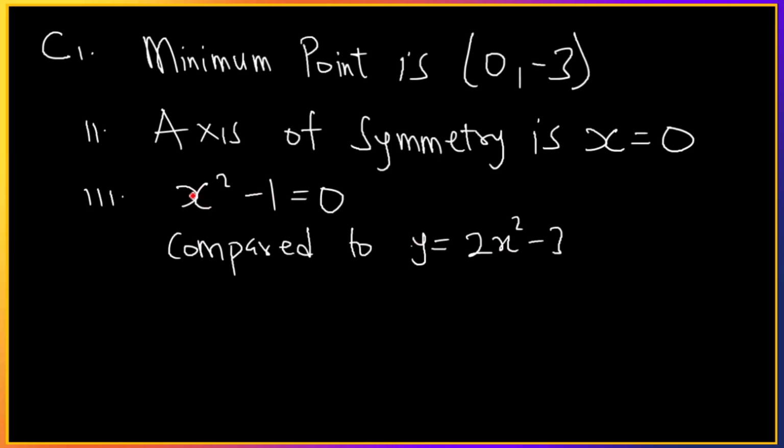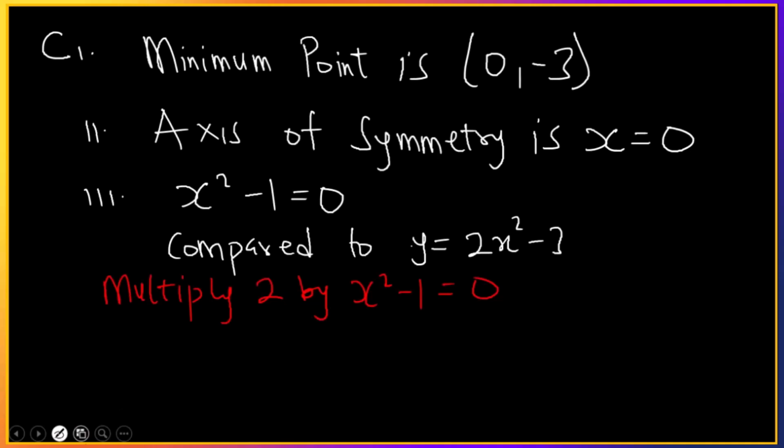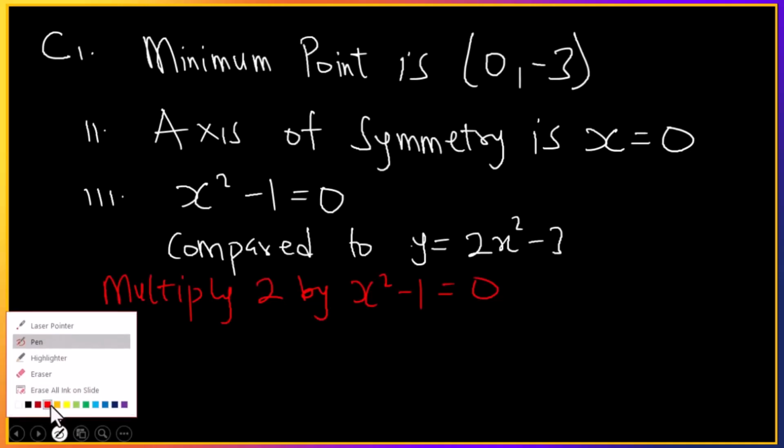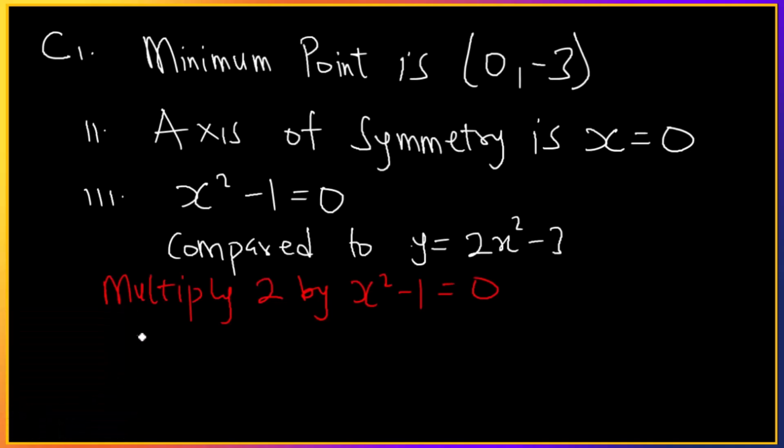What we are to do is to multiply the equation given by 2. Multiplying 2 by this equation, this is what we are getting: 2x squared minus 2 equals 0.